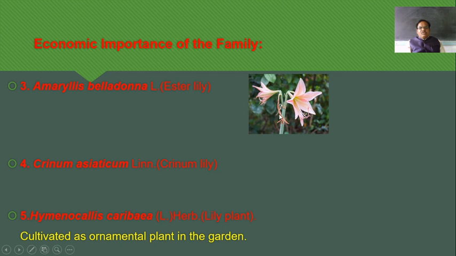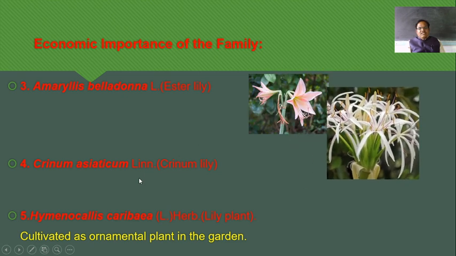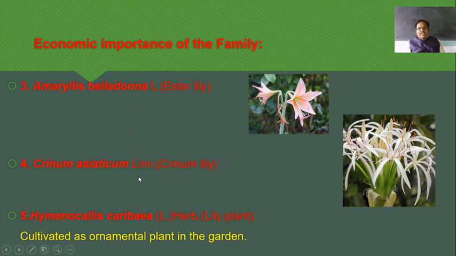This is one more lily, that is Amaryllis belladonna, which is known as Easter lily. This Easter lily is cultivated in gardens or parks for its attractive pinkish colored flower. Then the next one is Crinum asiaticum, which is known as crinum lily, or the American lily. This American lily is cultivated in parks or gardens for its attractive flowers.